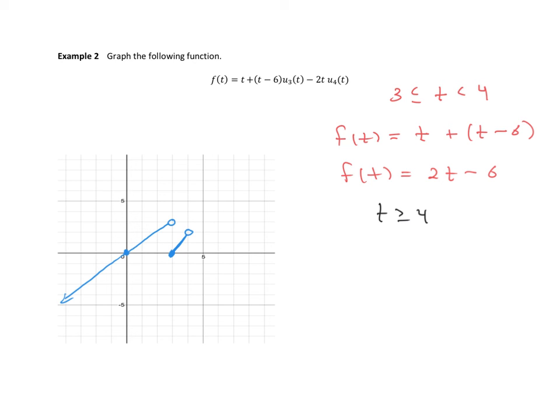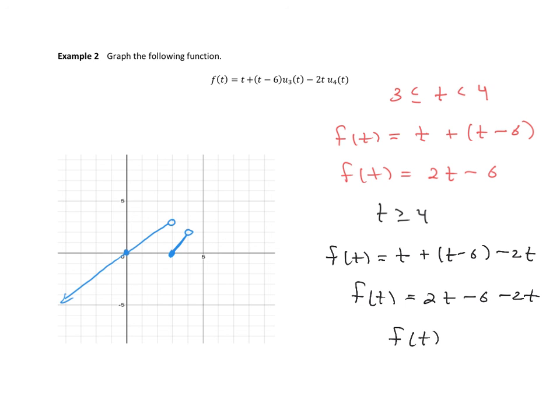Okay, in this case, this is equal to 1, this is equal to 1, this is going to be present as well. It'll just be the sum of these 3 functions without u sub 3 or u sub 4. So f of t is t plus t minus 6 minus 2t, which we already know is 2t minus 6 minus 2t.